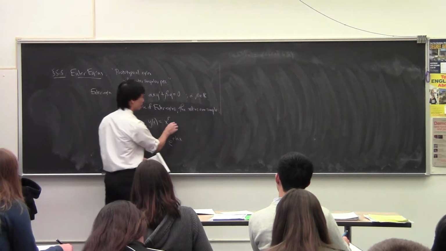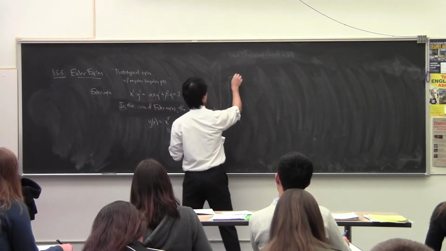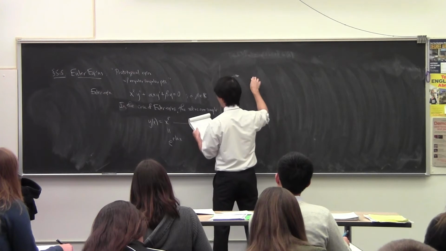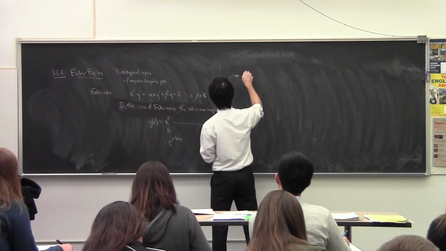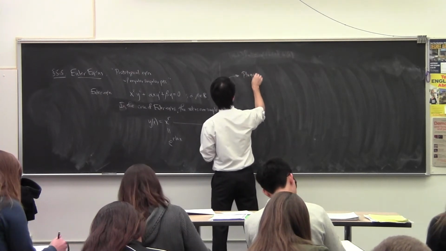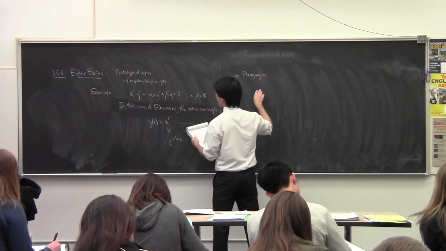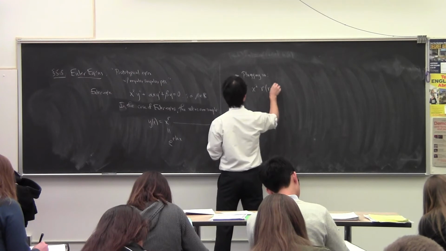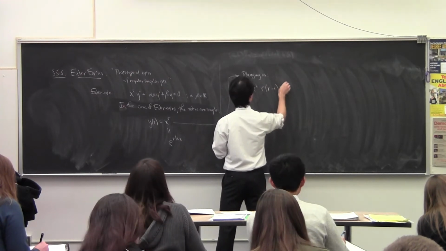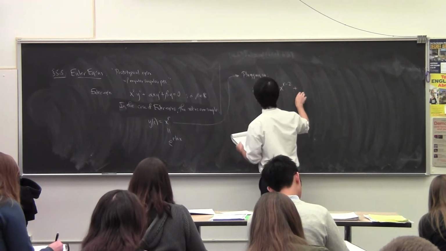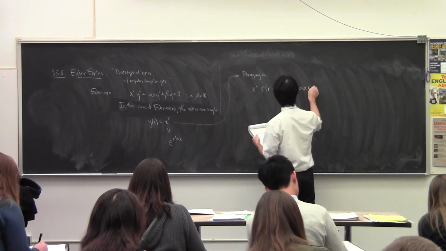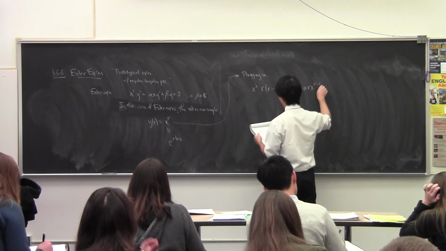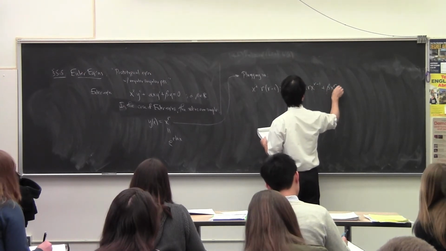Things like this will work, and you just plug them in. You get x squared times r times r minus 1 x to the r minus 2, plus alpha x r x to the r minus 1, plus beta x to the r equals 0.